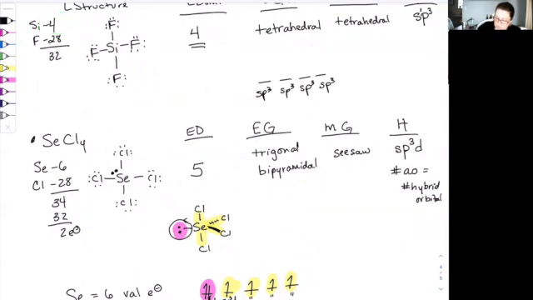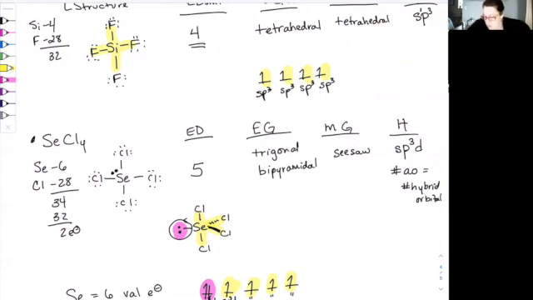So I'm going to fill those up. 1, 2, 3, 4. They are all half filled, which means that silicon is going to want to make 4 bonds so we can fill all those orbitals and have a full octet. And that's exactly what we see here. Jackie, is this kind of answering your question? Yes, it is. Thank you.